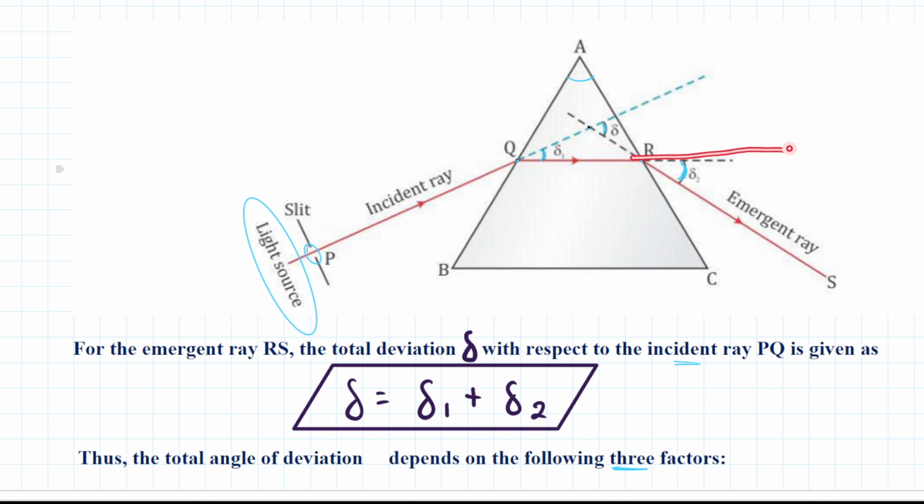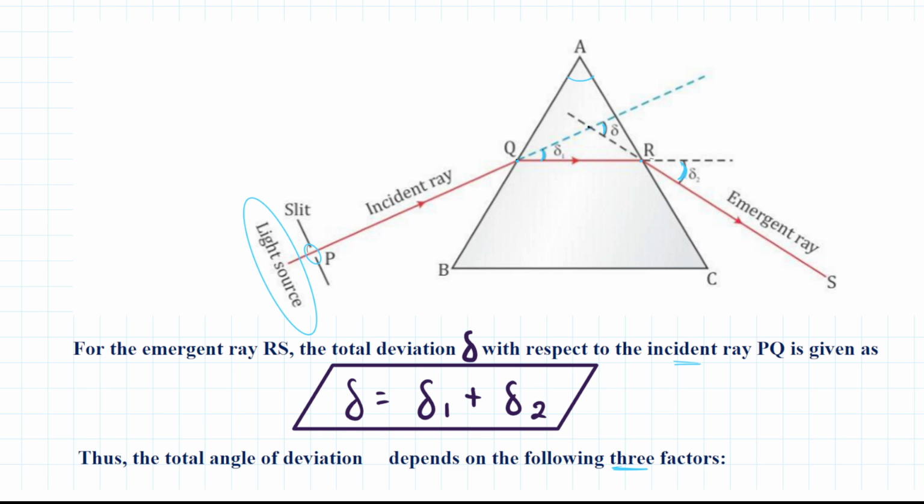It would pass in a straight line, but it is deviated towards the base. This depends on the angle of incidence at the second surface, which depends on the angle of the prism A and the refractive index of air with respect to glass. In the first case it was the refractive index of glass with respect to air, and in the second case, air with respect to glass.